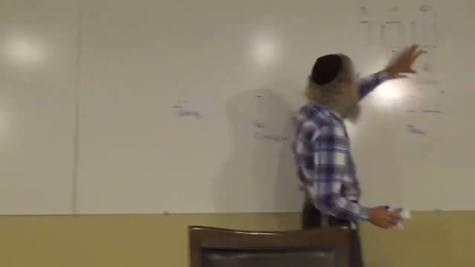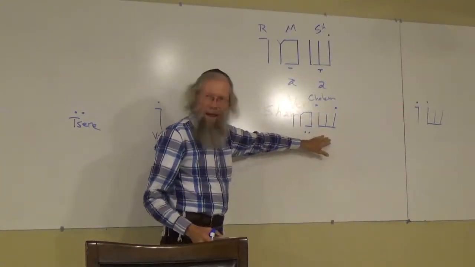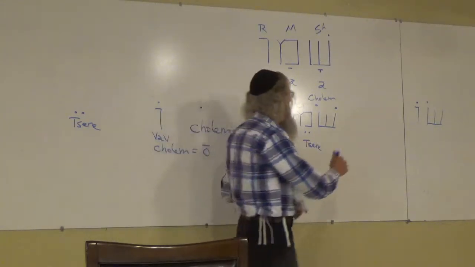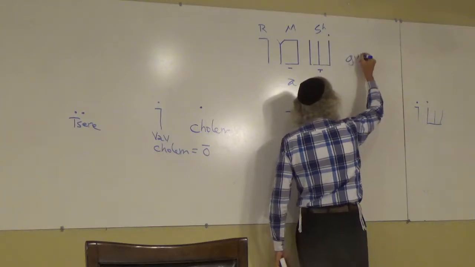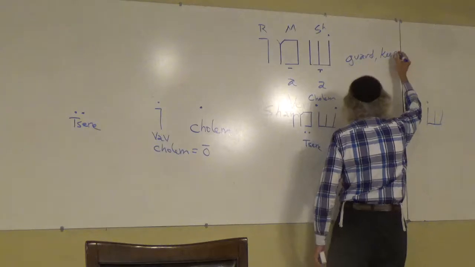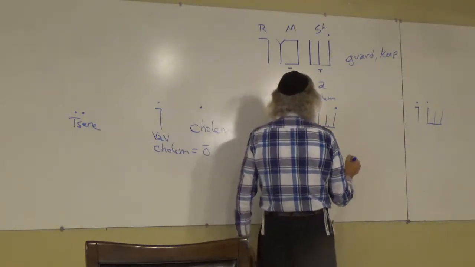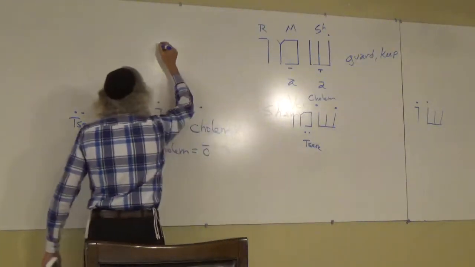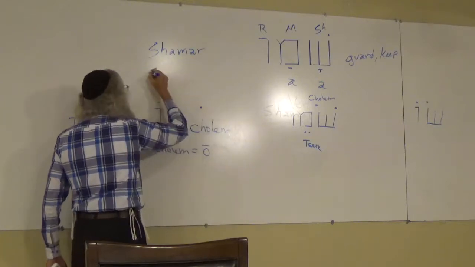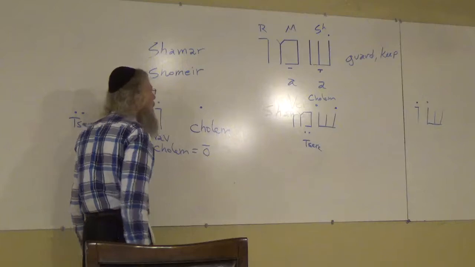So you go from shama to shomer. Remember I told you that this was to guard or to keep. So you've gone from shama to shomer.